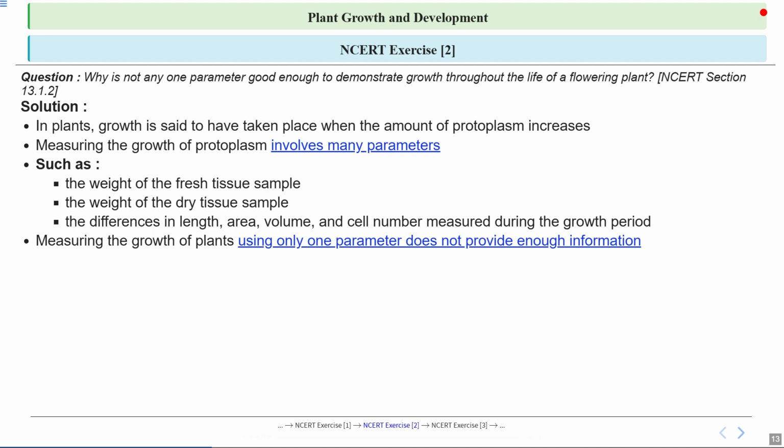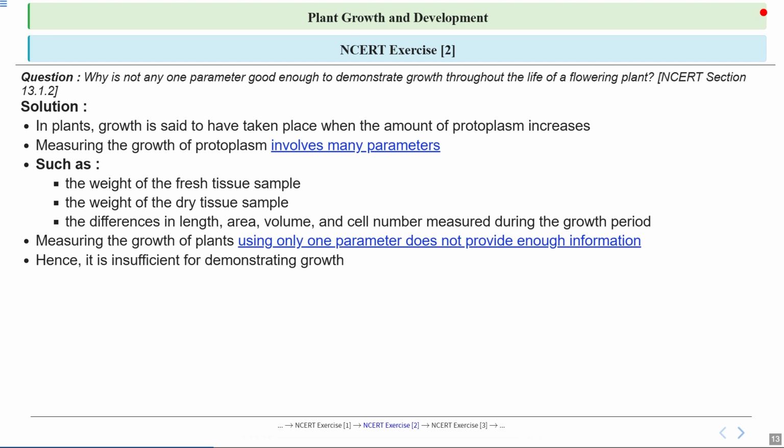So, measuring the growth of plants using one parameter doesn't provide enough information. Each parameter tells us something unique, and relying on just one parameter can be misleading. Hence, it is insufficient for demonstrating growth. To truly understand how a plant is growing, we need to consider all these different parameters together. Parameters like the weight of the fresh tissue sample or the weight of the dry tissue sample cannot be accurate.